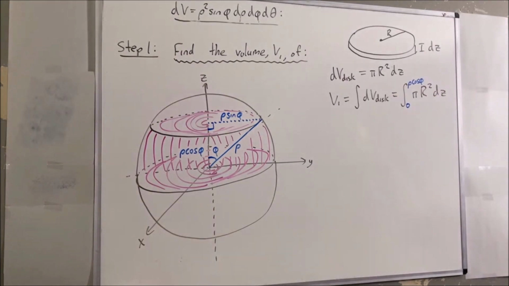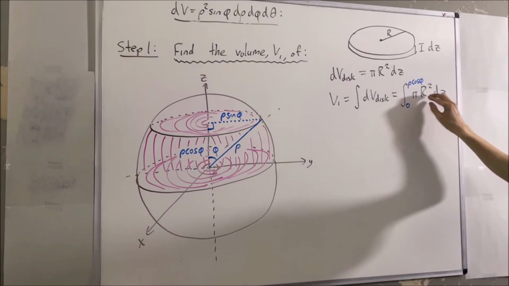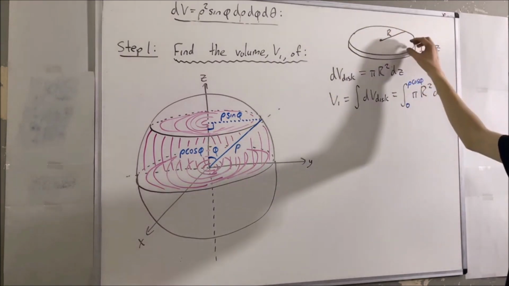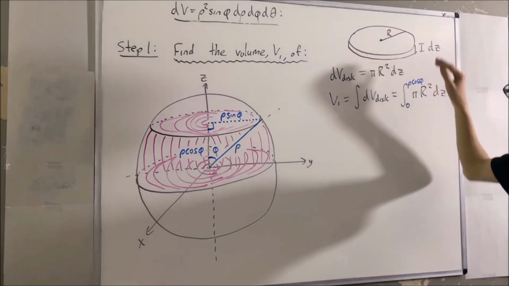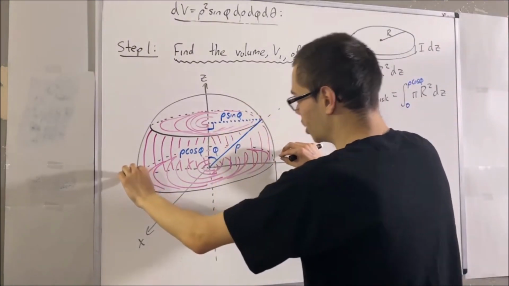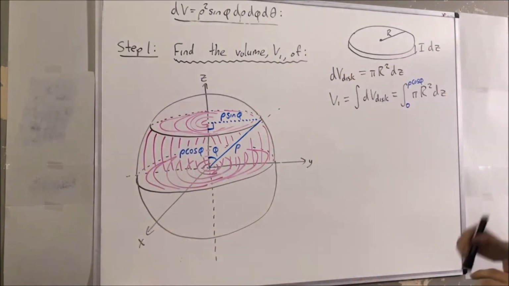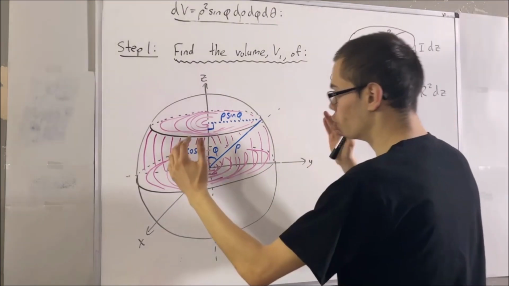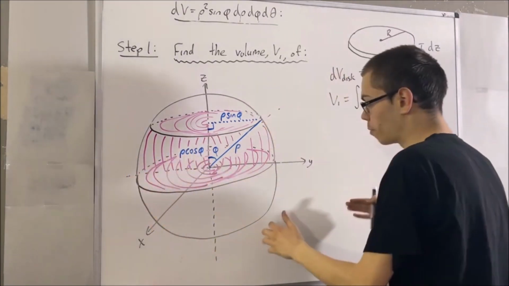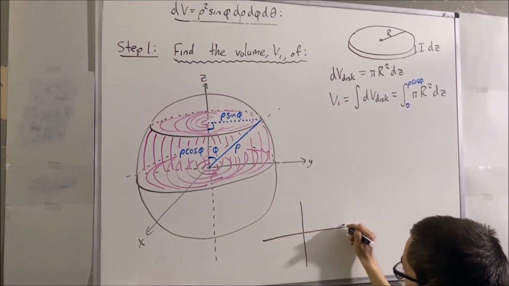So the last question we need to answer before we can evaluate this integral is, what is the radius of this thin disk? In other words, what is the radius of any thin disk between the equator and this line of latitude? To answer that, I'm going to redraw this from the perspective of just the y-axis and z-axis.